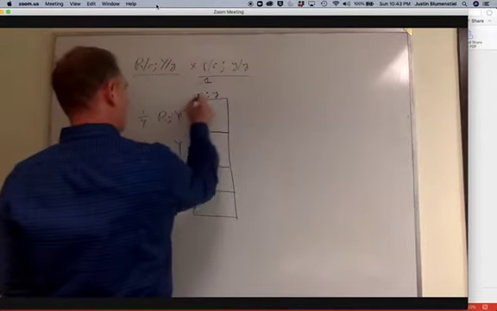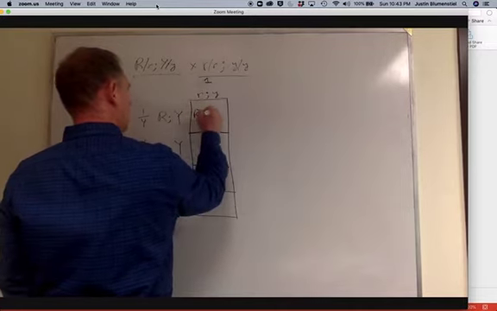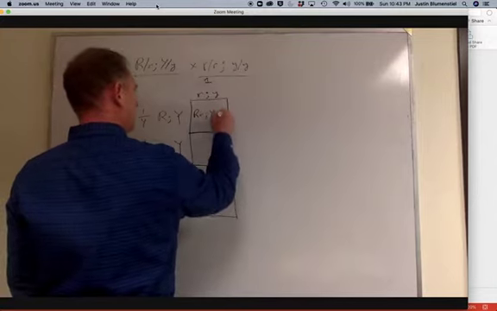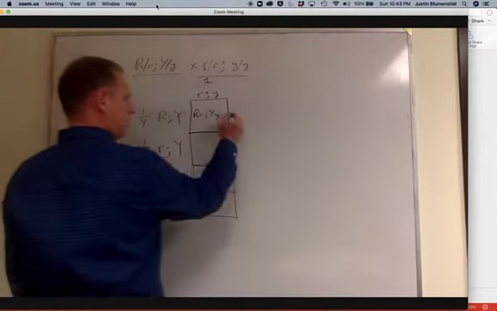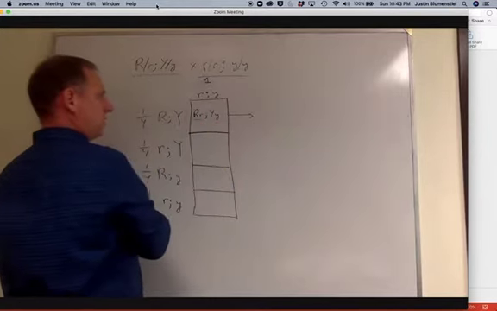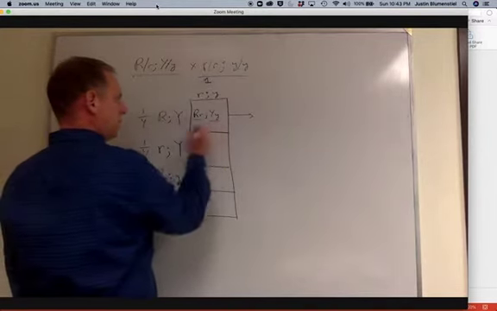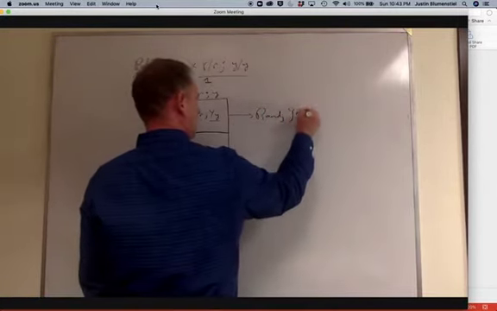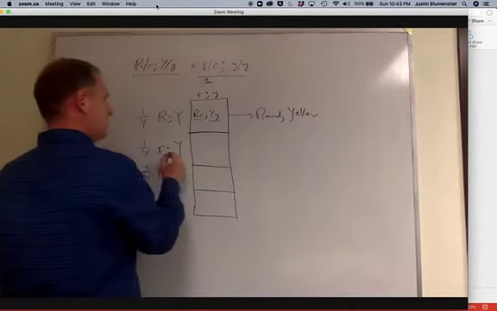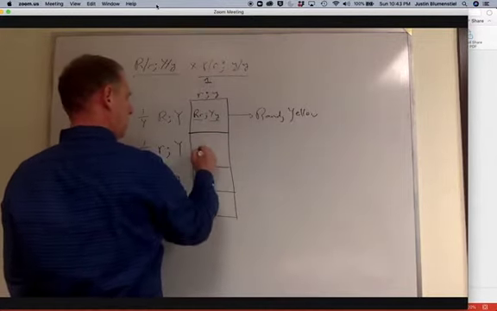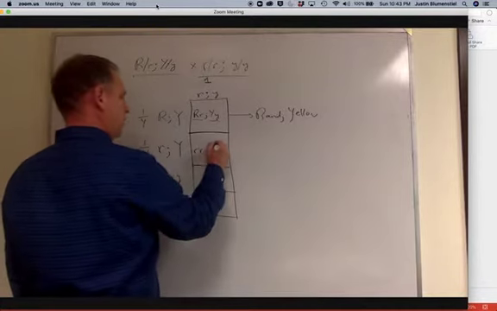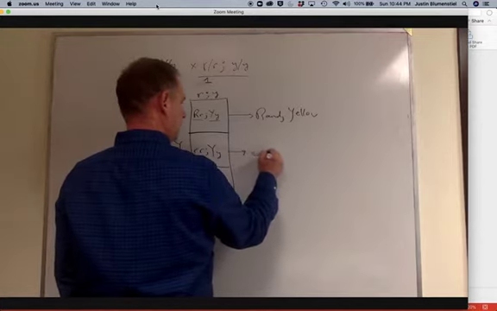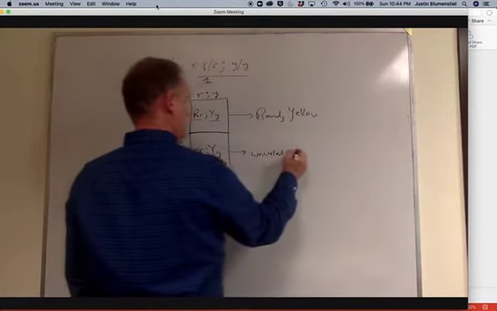Okay, so big R, little r, colon, big Y, little y. All right, so let's talk about the phenotype here. This allele produces the round, and this allele produces yellow, so these are going to be round and yellow. All right, so this is little r and little r, and then big Y and little y. So this is going to be wrinkled and yellow again.